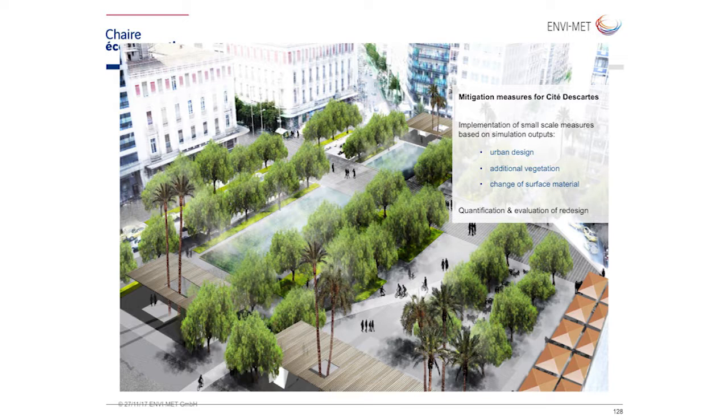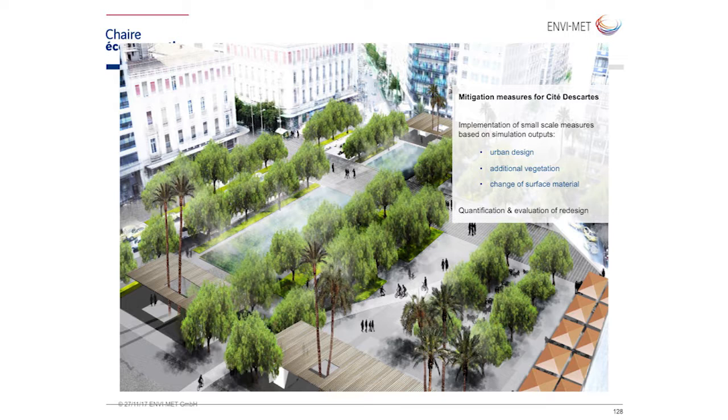So from the mitigation measures we have for interacting with the climate change and taking countermeasures, we actually used 3 different tools. The one was we made a small change in the urban design. This was very, very small.